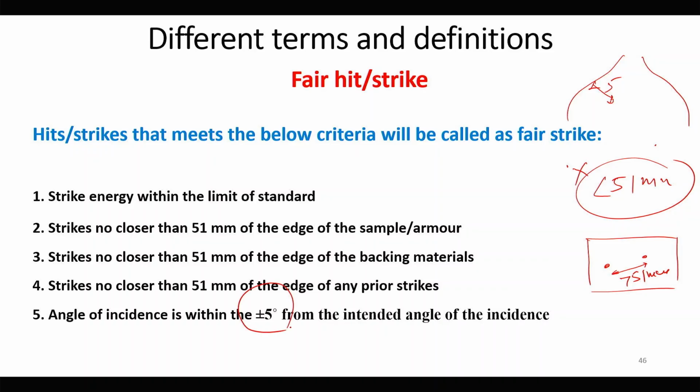It should be within plus minus 5 degree. If all these criteria are satisfied, then we will take the result as a valid result, otherwise we have to do a retest.